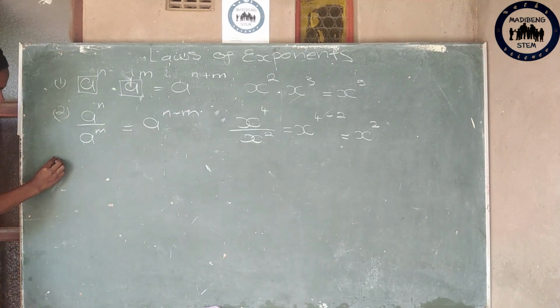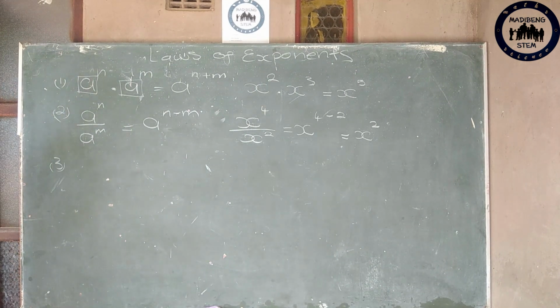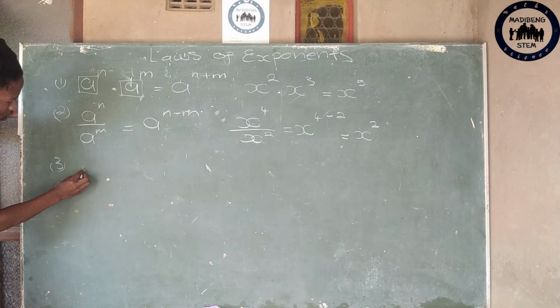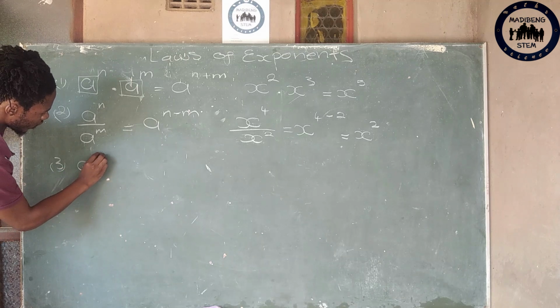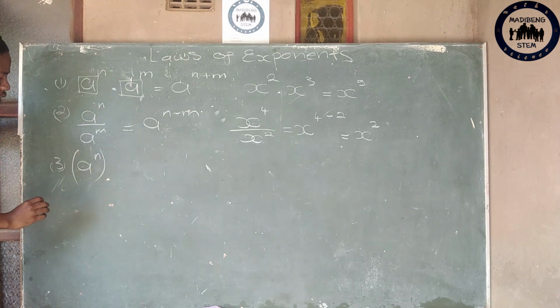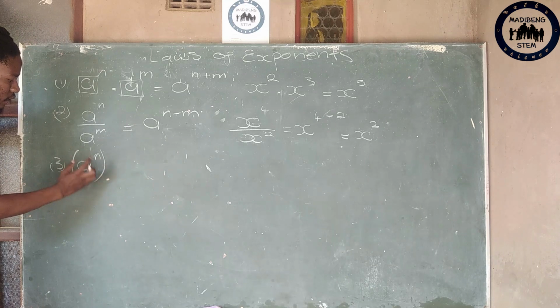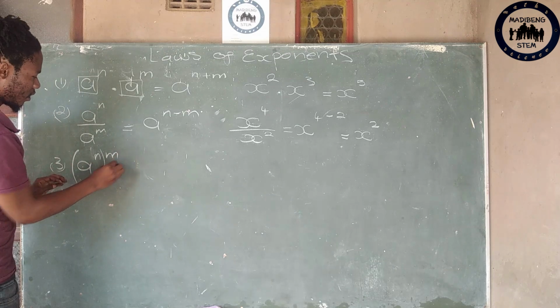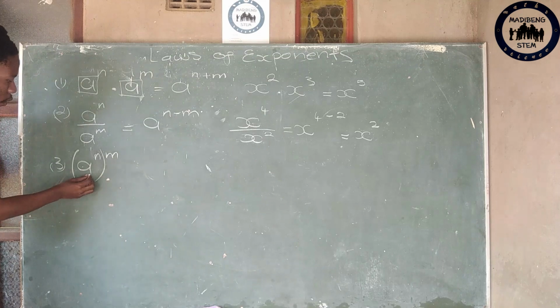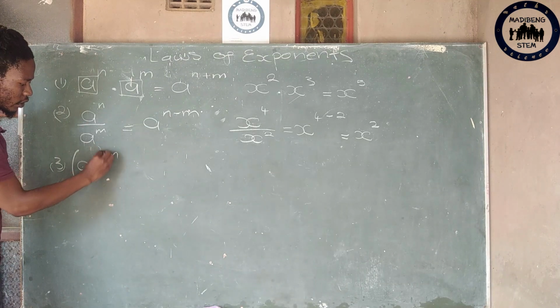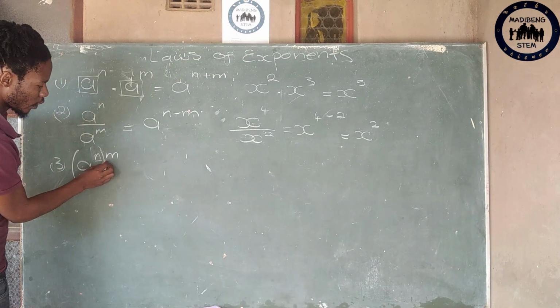So the third one is, let me say, a to the power n, and here we put it inside brackets, inside this parenthesis. We raise this whole term to the power of m. So our base has an exponent, and the whole thing is being raised to the exponent of m.